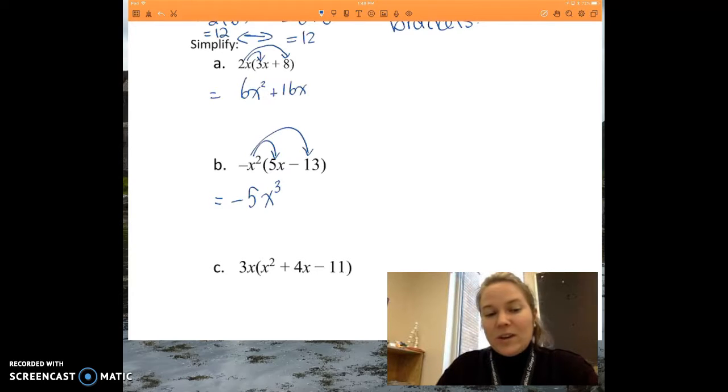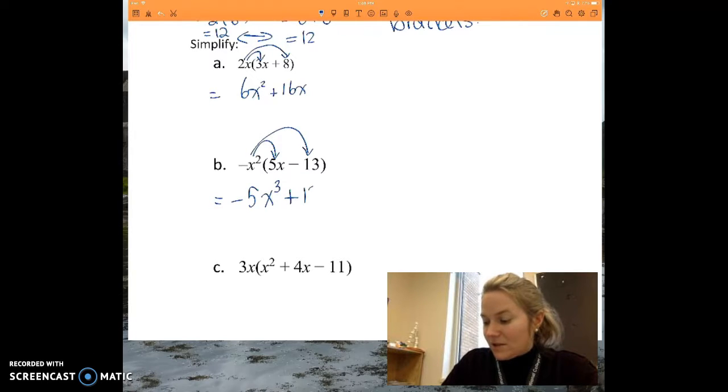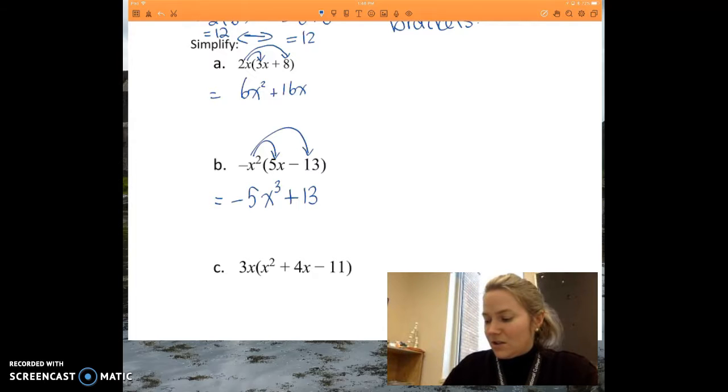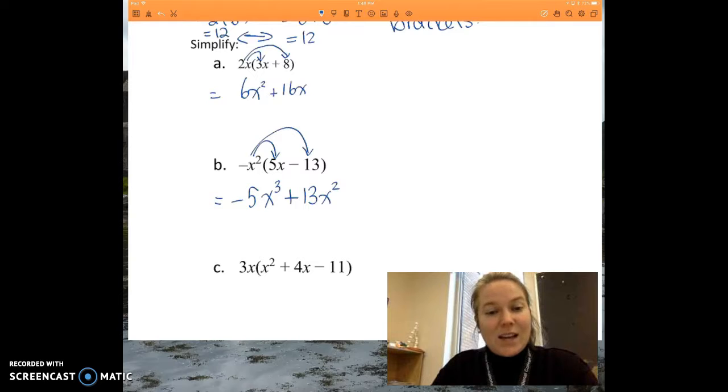Then we have a negative times negative 13. What happens when you multiply a negative by a negative? It becomes positive. Negative 1 times negative 13 is positive 13. The x squared has no other variables in there, so it just stays x squared. So negative 5x cubed plus 13x squared.